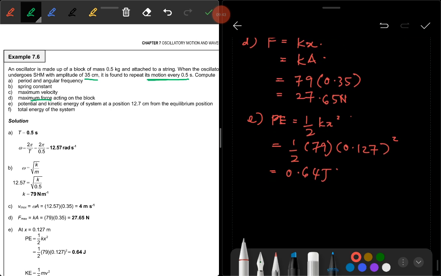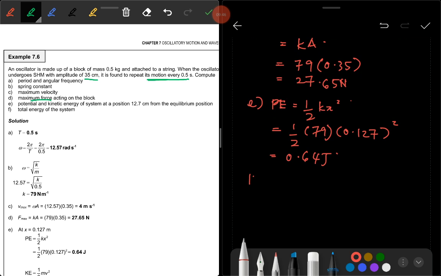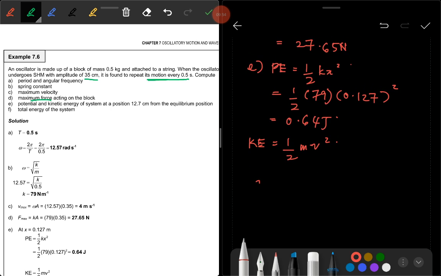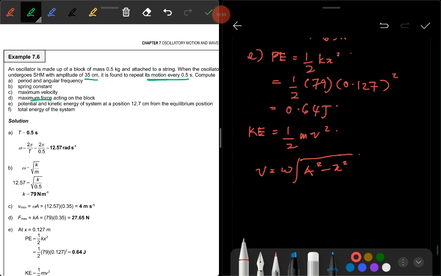And then what about the kinetic energy? Kinetic energy is equal to half mv squared. What is the value of v? We find the value of v first. v is equal to omega times square root of a squared minus x squared.